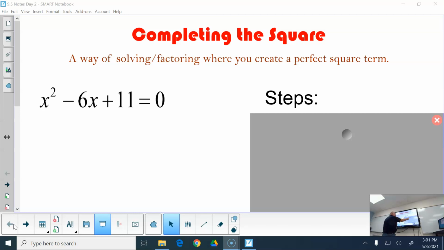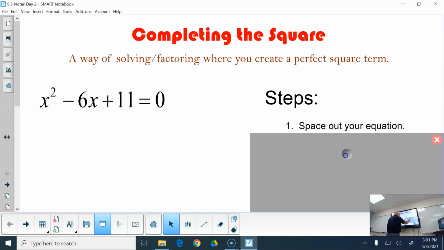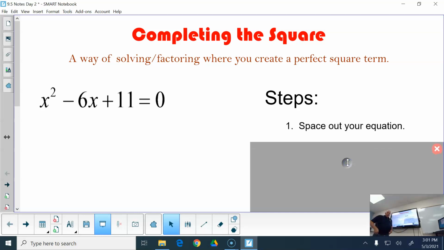Okay? So the first step, and again, I would be taking notes on this because we're going to utilize this, is we're going to need to space out our equation. Now, some people bring it to other sides of the equation. Some people keep it on one side.